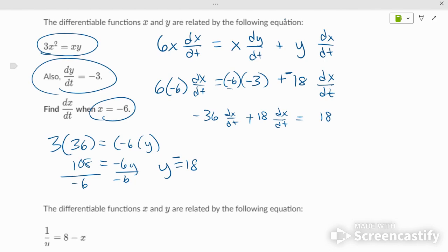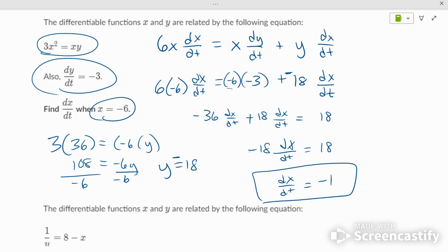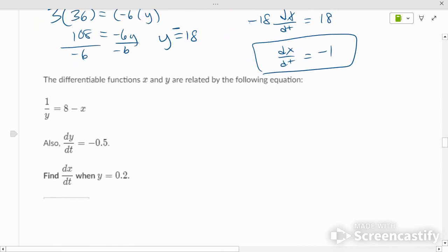So then -6 times -3 is 18. So -18 dx/dt equals 18. So dx/dt equals -1. That's the rate x is changing at that certain point. Okay, let's do a couple more of these.